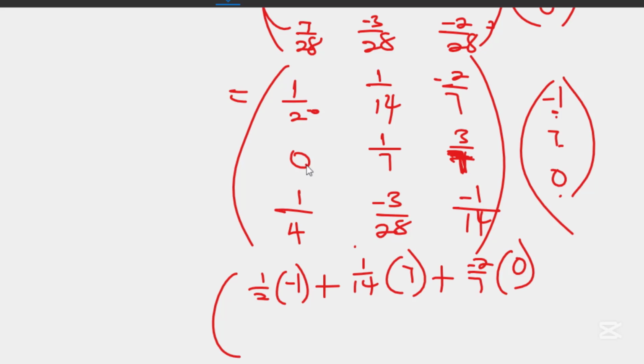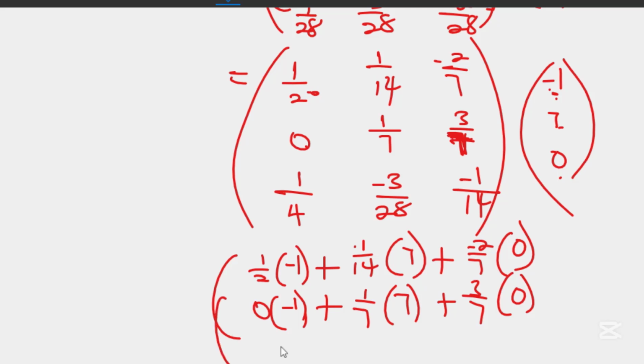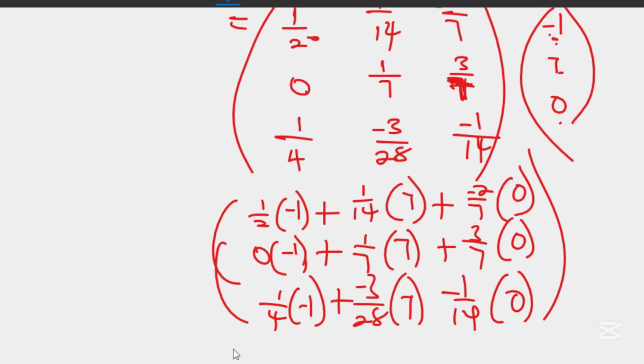Then you do the same thing for the next row: 0 times negative 1, plus 1 on 7 times 7, plus 3 on 7 times 0. Then the last one is 1 on 4 times negative 1, plus negative 3 on 28 times 7, plus negative 1 on 14 times 0.